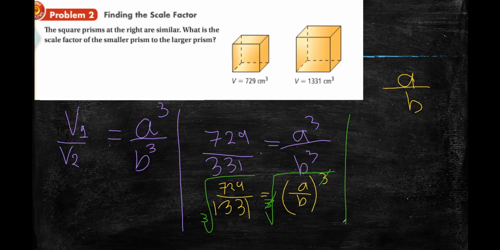So a over b will be, do it in your calculator, the cubic root of 729 over 1331. You will find that it is 9 over 11. Let's have another example here.